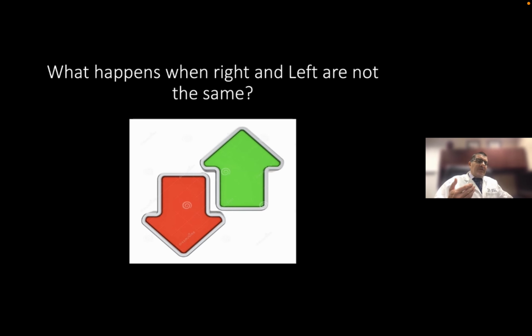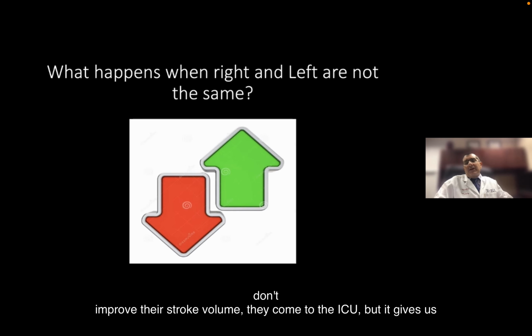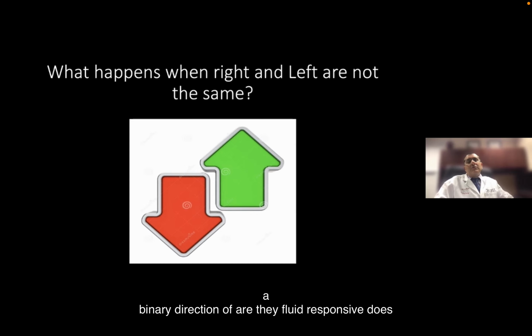If it does change, then we give them more fluid and see if they improve their pressures. Sometimes, like in our study, we do have people who are resistant. They eventually get the second liter, they're still hypotensive, they don't improve their stroke volume, and they come to the ICU. But it gives us a binary direction: are they fluid responsive? Does their stroke volume change or does it not?